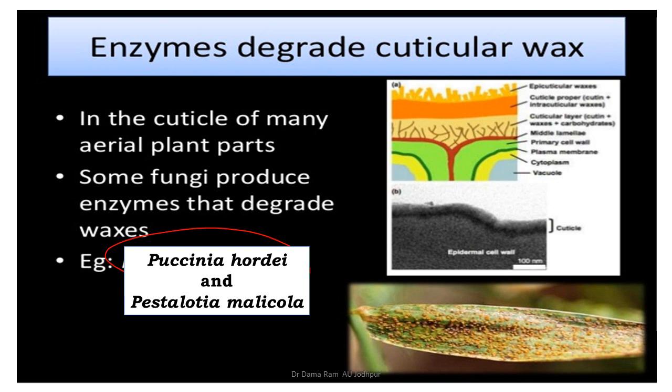In the cuticle of many aerial plant parts, it is made up of cutin, and most fungi penetrate wax through mechanical action, but some fungi like Puccinia hordei and Pestalotia malicola produce cutin-degrading enzymes.